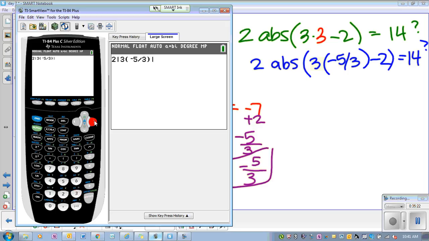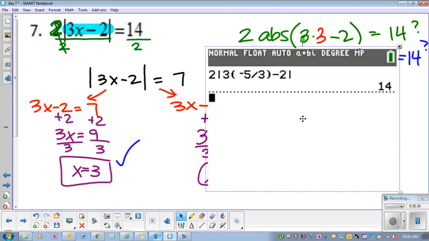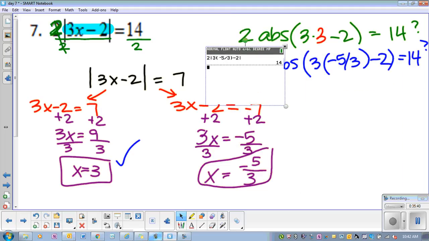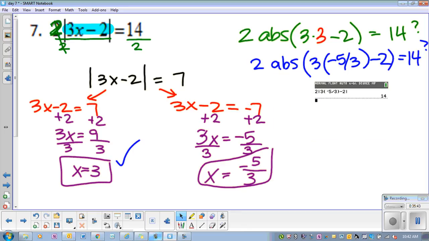Oh, no, I'm sorry, we don't get out of there yet. Minus the 2, sorry. Right? Yeah? Okay, and then, is that it? 14! Good, right? Oh my goodness, that's huge. There. Shrink it down. All right. Yes?